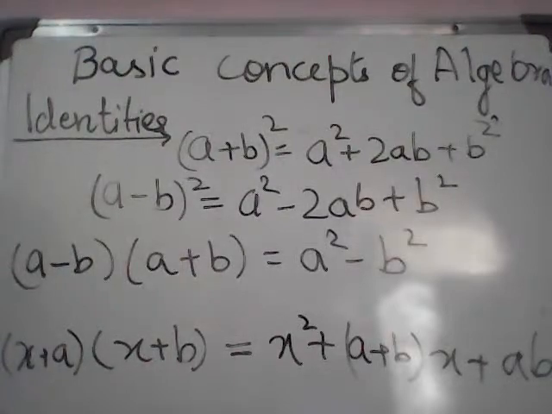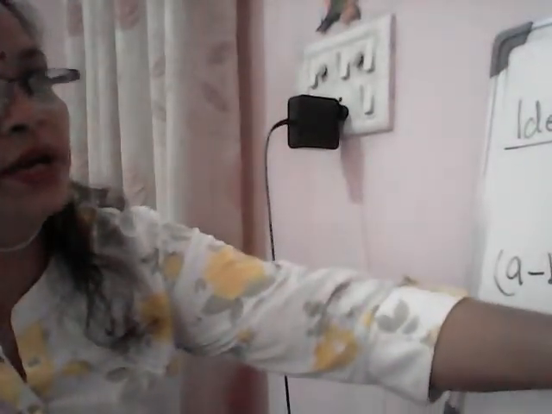Just write these identities. The first identity is a plus b whole square, which is equal to a square plus 2ab plus b square. a minus b whole square is equal to a square minus 2ab plus b square. a minus b times a plus b is a square minus b square. x plus a times x plus b will be equal to x square plus a plus b x plus ab.